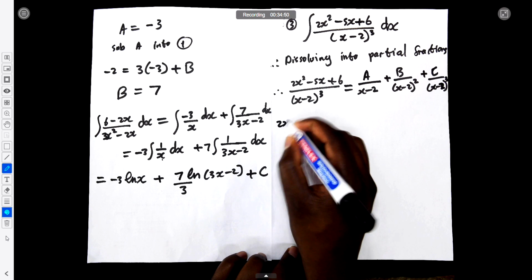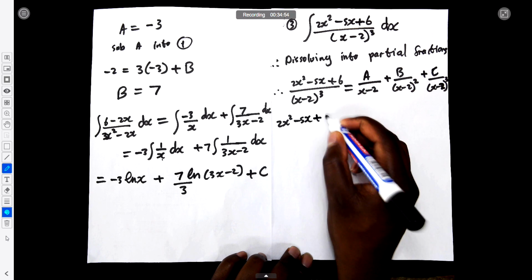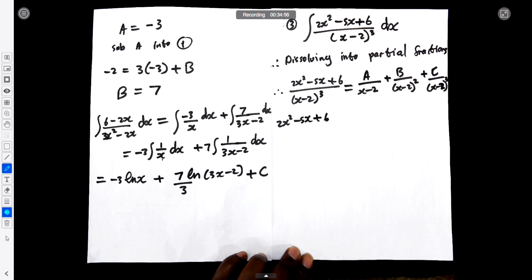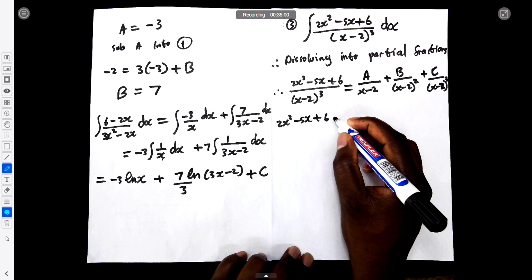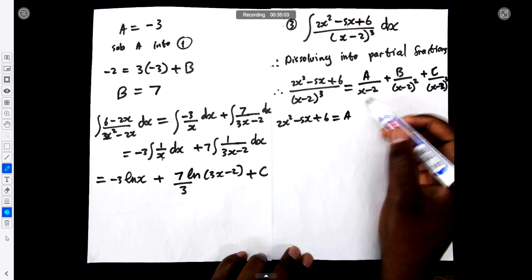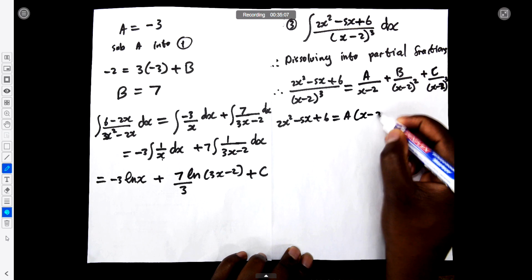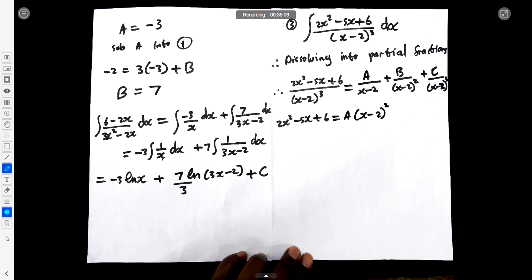So when we multiply, on the left hand side we'll be left with 2x squared minus 5x plus 6. On the right hand side, I hope you see it will be equal to A. If this is to the power of 1, it eliminates one there, so we'll have A times (x minus 2) to the power of 2.